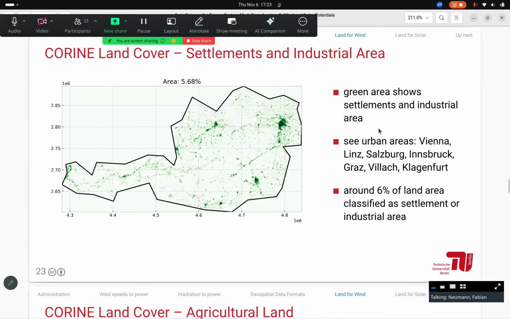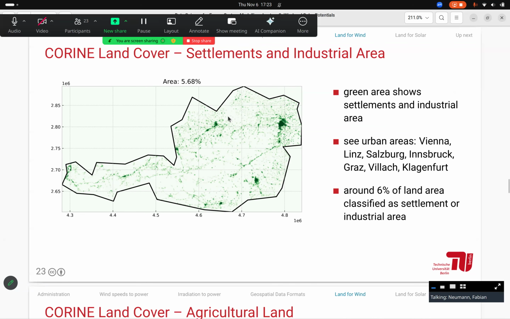Okay, so for the remainder, I brought the example of Austria, just because it fits better with the layout of the slides to have something that is wider than high. That's why I didn't choose Germany, for example.